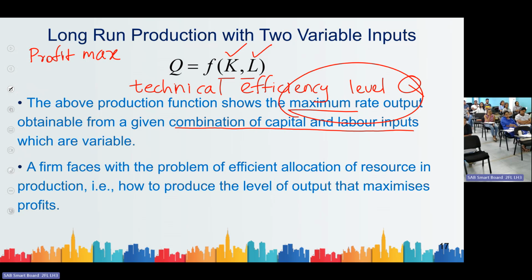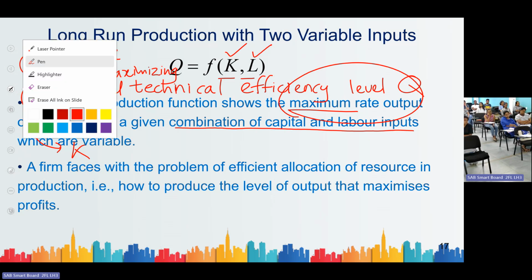To maximize profit, the firm should decide the profit maximizing output level. To produce the profit maximizing output level, the firm should decide how much labor should be utilized and how much capital should be utilized.